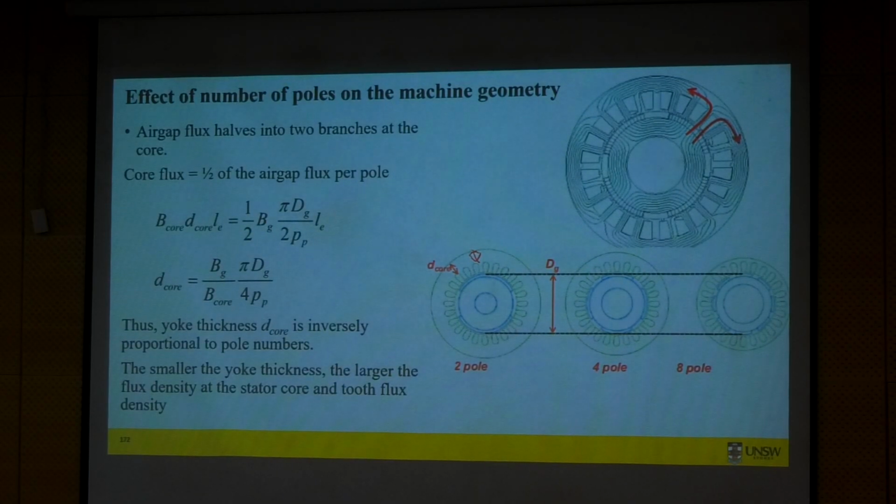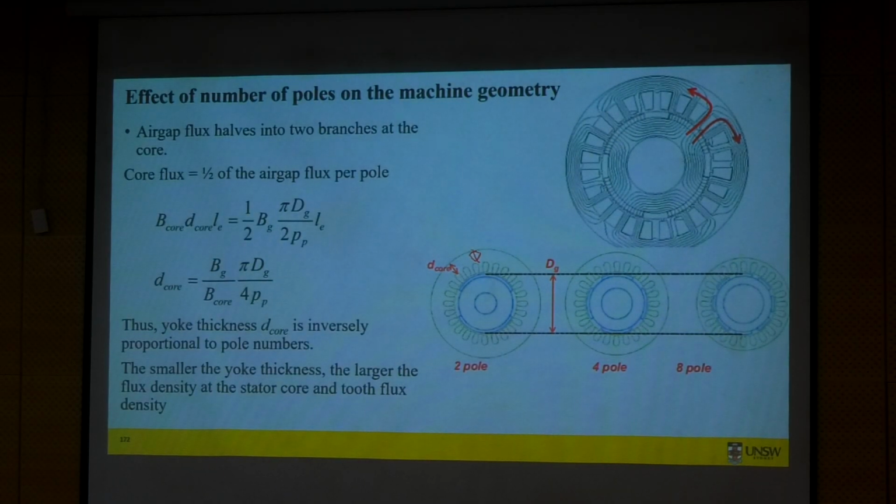Why it reduces can be quite easily understood, because your air gap flux, once it goes to the yoke, divides into two fluxes. So the yoke sees half of the air gap flux.